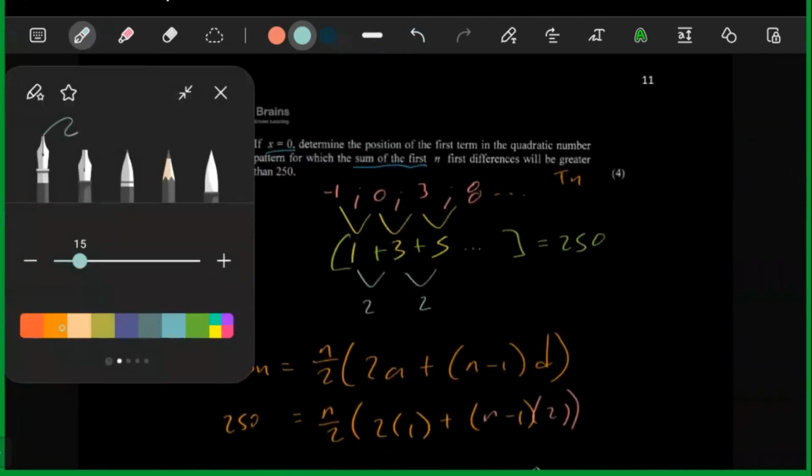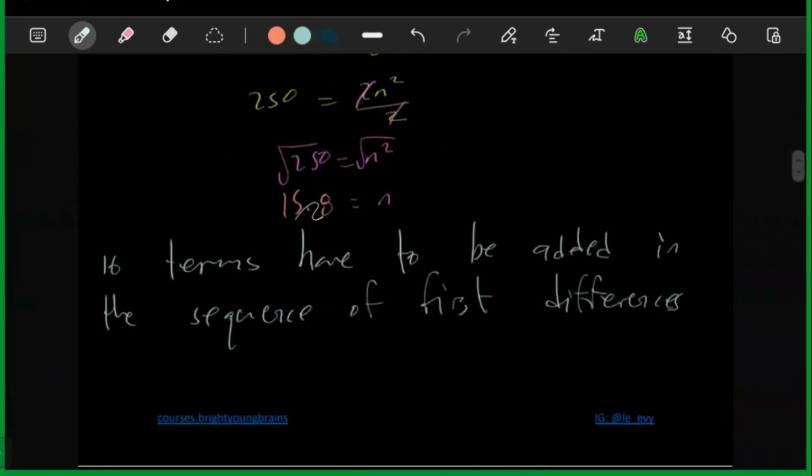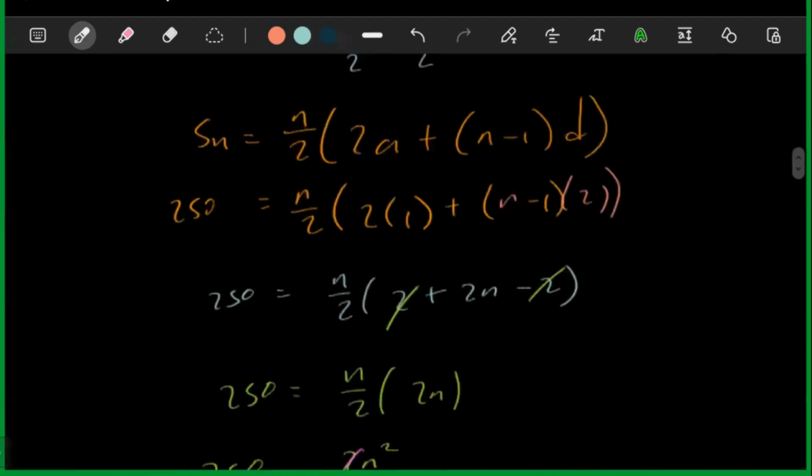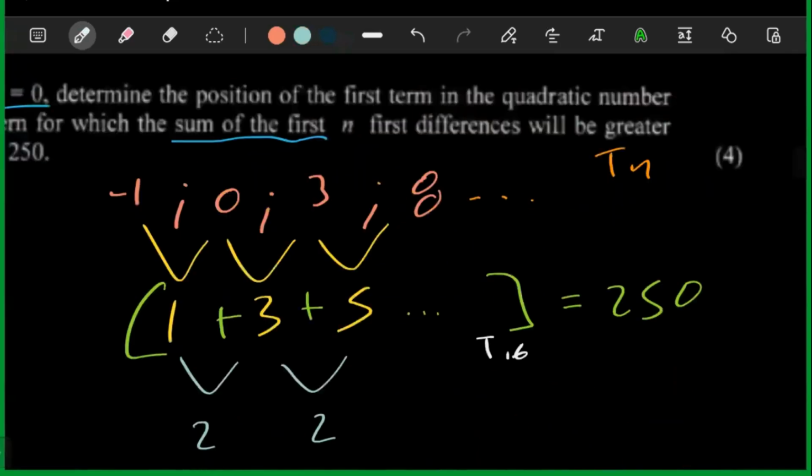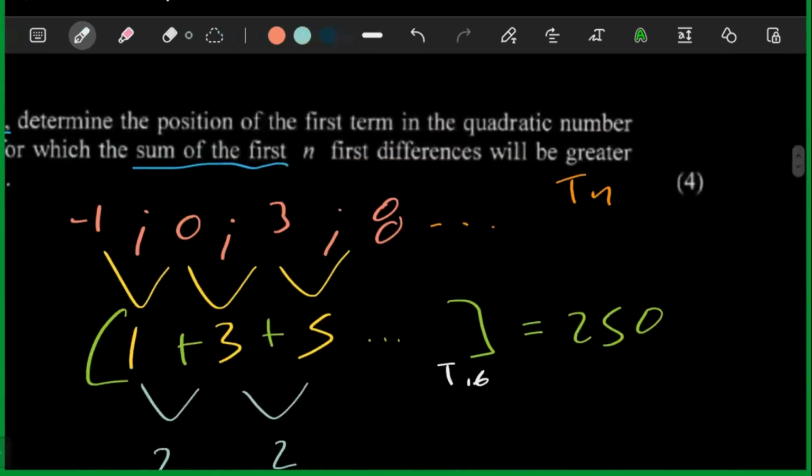So since we now know that you have to add up at least 16 terms, because you can't add up 15.8 terms, you have to add up a rounded number of 16. Since you're going to add up 16 terms here, it means that in the original sequence, you would need to have been working with 17 terms.